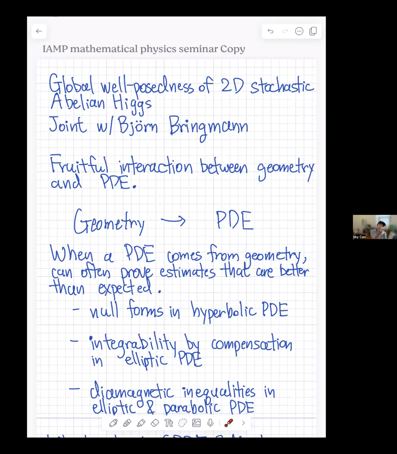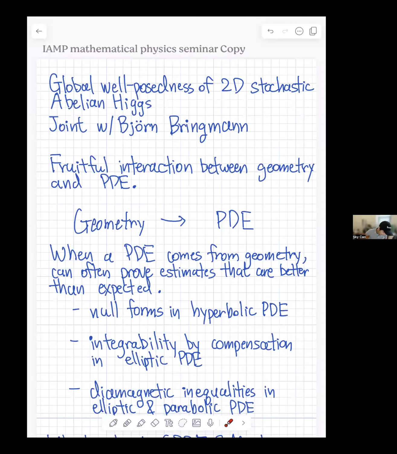Another example where geometry enters into PDE or analysis: I wrote out these two other examples, integrability by compensation and elliptic PDE. It's kind of similar to these null form things. I won't really go into detail, and then also these diamagnetic inequalities in elliptic and parabolic PDE. We'll see a bit later on how that enters.